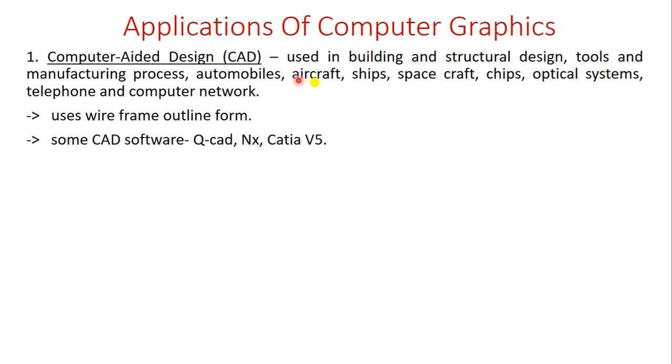Now I will show you some images so that you get a clear idea. For optical systems, telephone and computer networks also, we use CAD software in computer graphics. Let's see some images so that you get a complete idea.